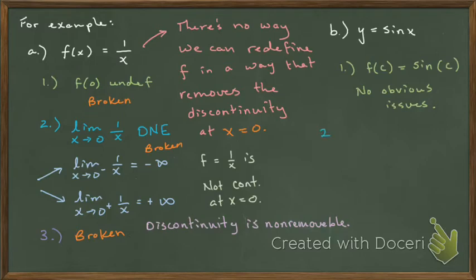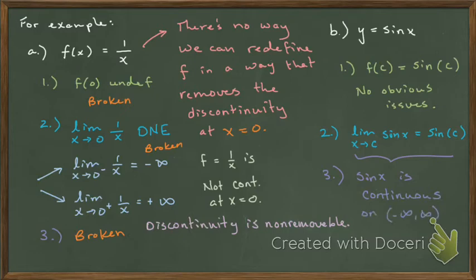For all of these criteria, sine of x passes with ease. Sine is continuous on the entire real line. There are no values of x that when I plug in are going to give me any issues with sine of x. So that's going to pass every single criteria at every single point on the real line.